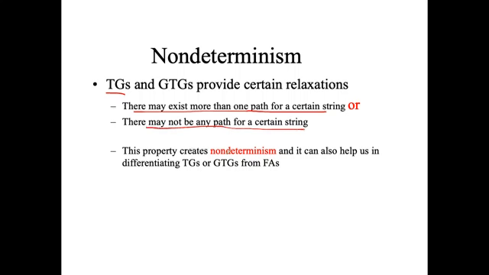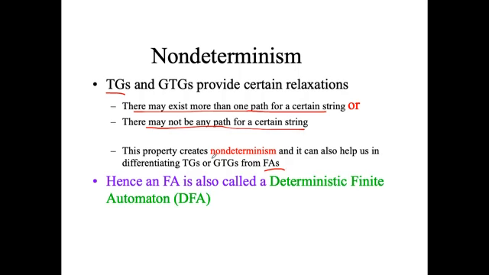This property creates non-determinism, and it can also help us in differentiating transition graphs or GTGs from FAs. In FAs, there is no non-determinism. This is always deterministic. So FA is also called deterministic finite automata or DFA.